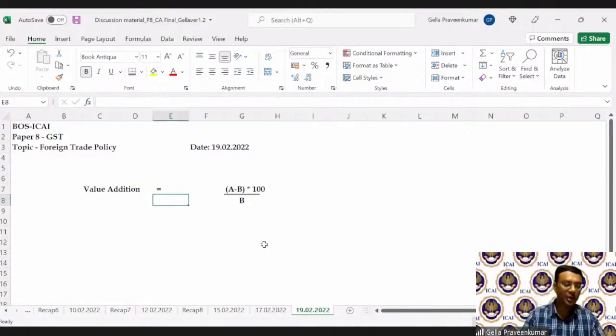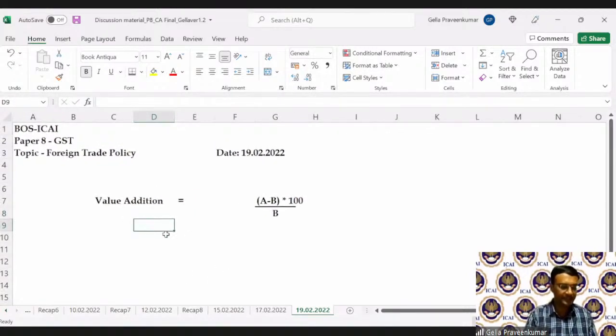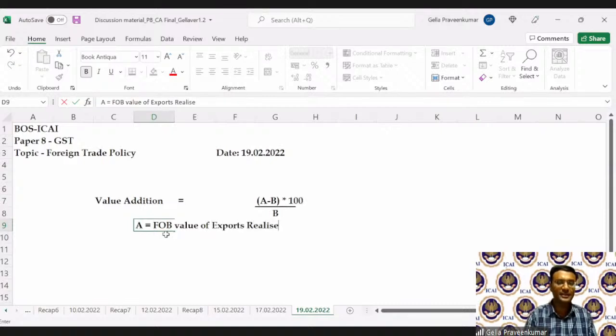How do I calculate this? My A indicates your export value, FOB, value of exports realized in foreign currency.